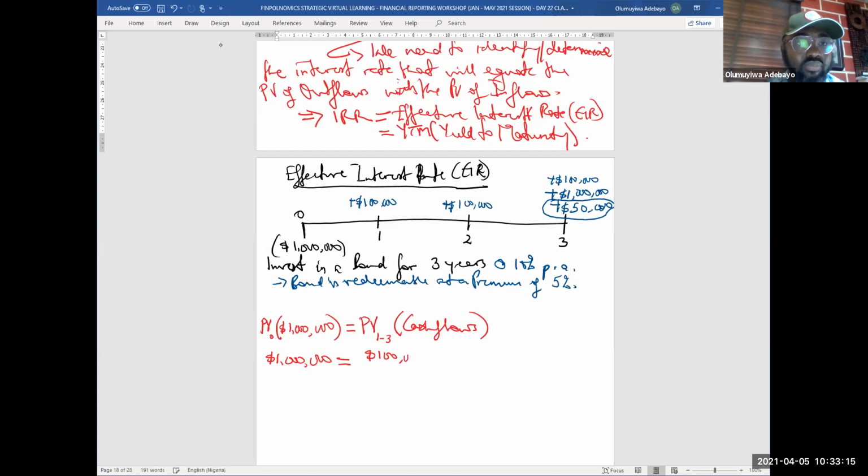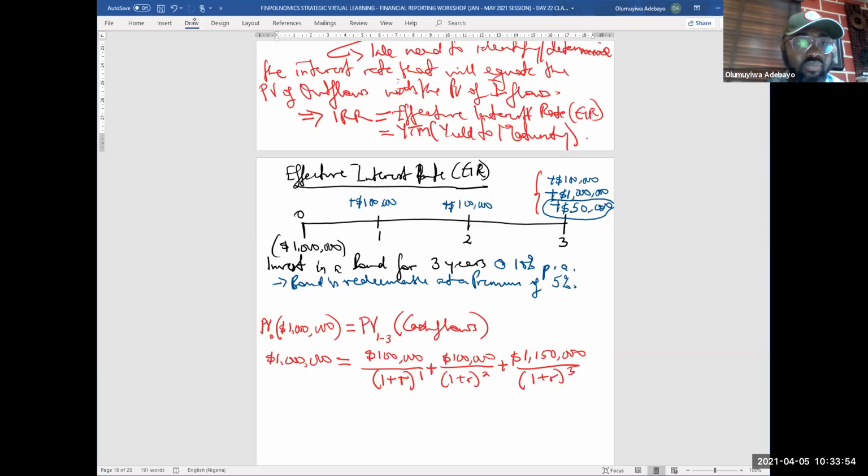The present value for year 1 cash flow will be discounted in period 1. The present value for cash flow in year 2 will be discounted back in year 2. And the cash flow in year 3, which is 100,000 interest, $1 million principal, and 50,000 premium, which is 1,150,000, will be discounted back in year 3.